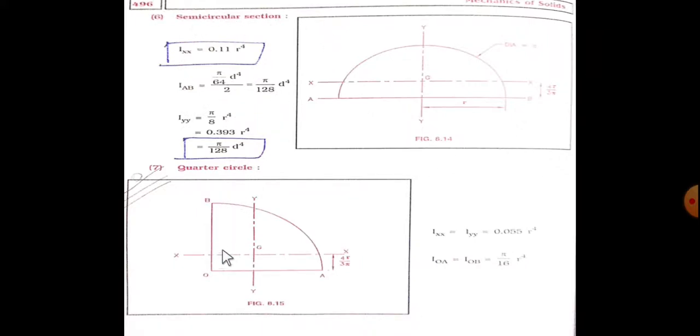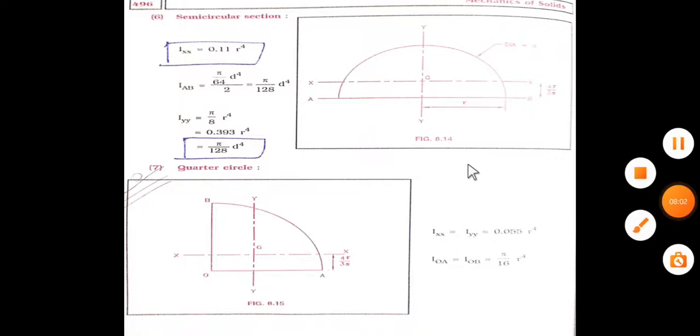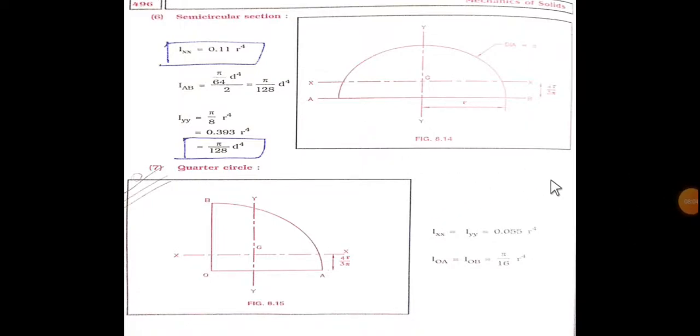Semicircular section, quarter circle, these are the equations that we have to always memorize. Suppose this is our half circle and Ixx for this half circle is equal to 0.11 r raised to 4 and Iyy is equal to pi by 128 d raised to 4.